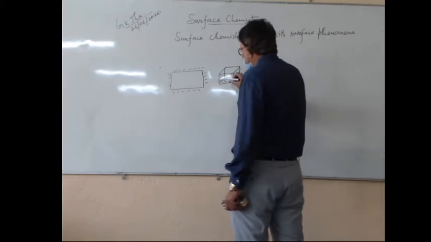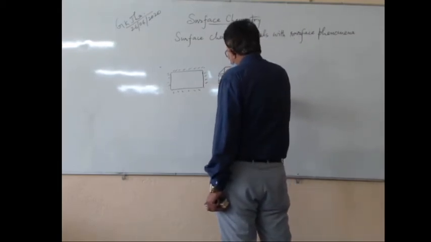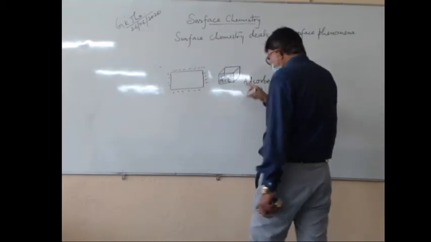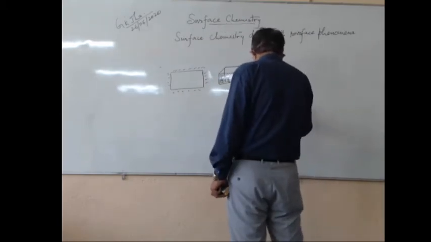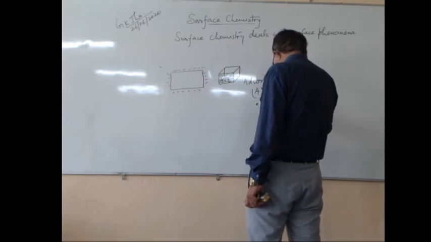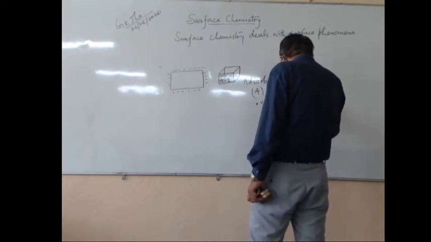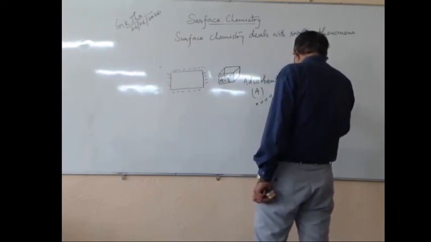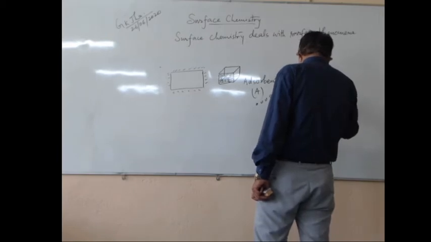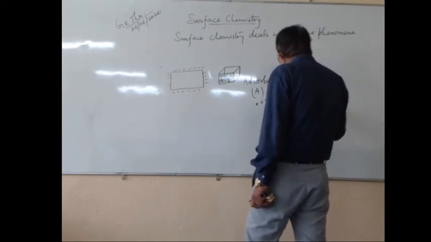And suppose some gas molecules are stuck on its surface. These gas molecules we are naming B. So this B is the adsorbate. What happens?